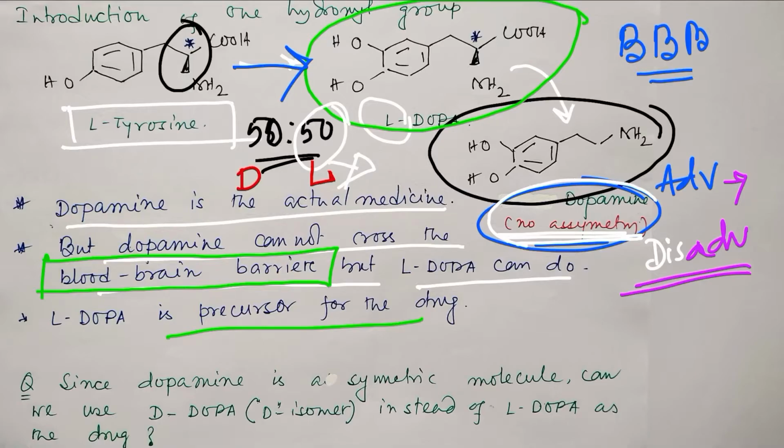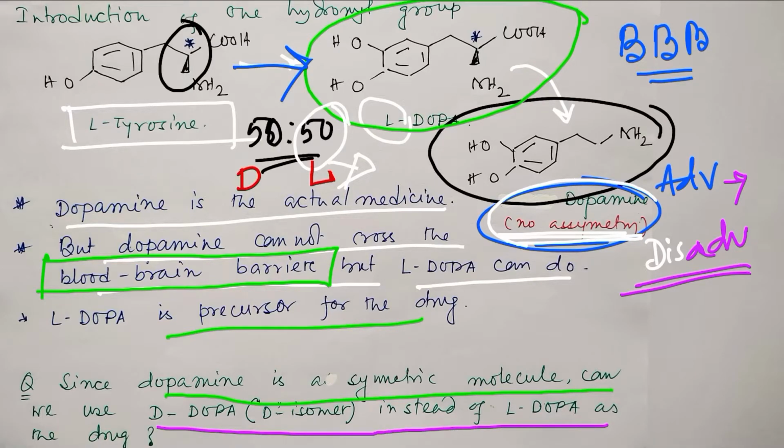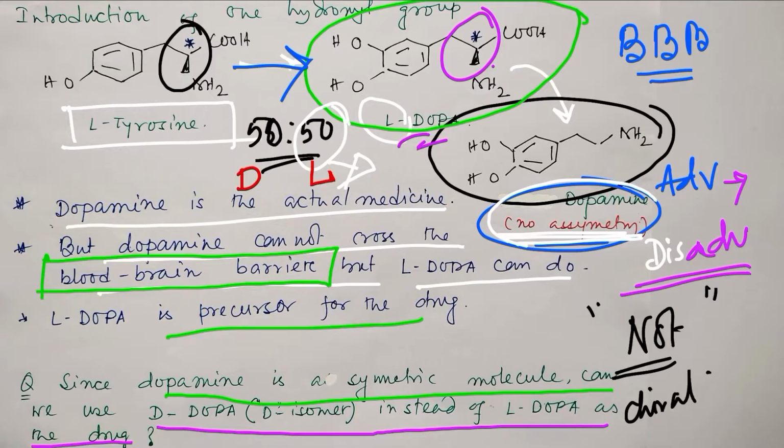Fine. Now another question comes: since dopamine is an asymmetric molecule, could d-DOPA be administered as a drug? Actually l-DOPA is administered as a drug. Can we use d-DOPA, meaning the other stereoisomer of l-DOPA? Now, the answer is no, we cannot. Why? See, our body is a chiral pool, you may consider, and it is selective.